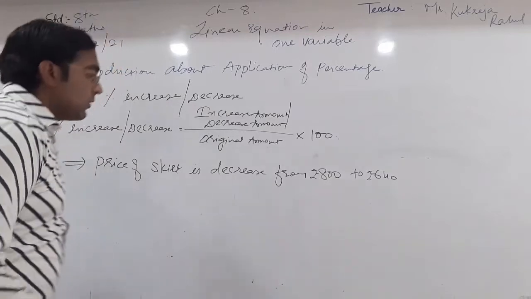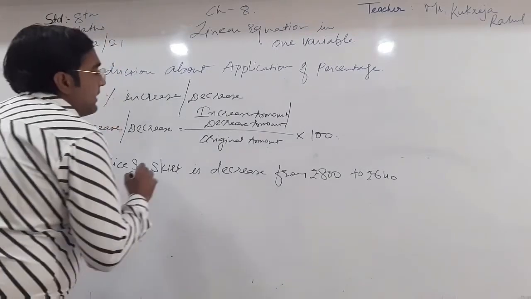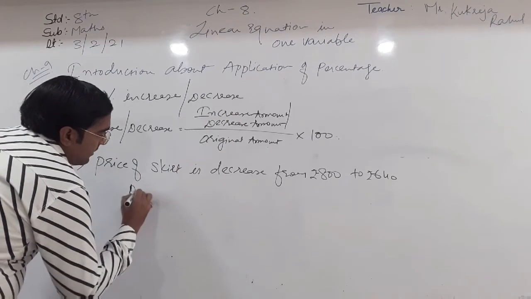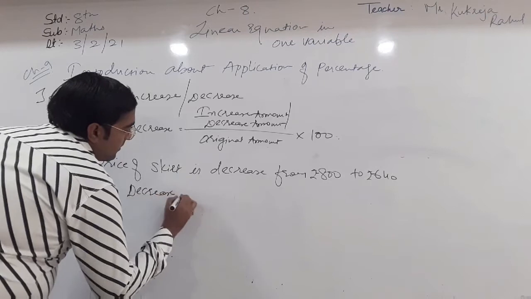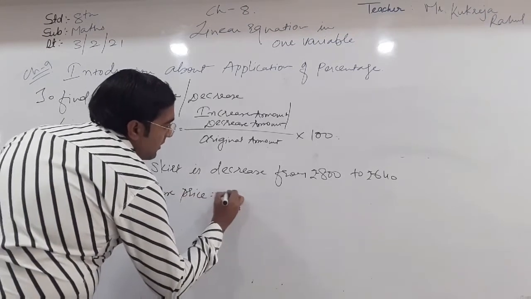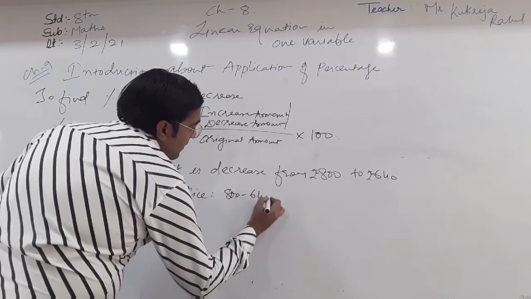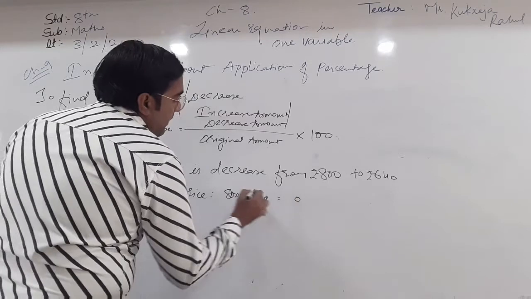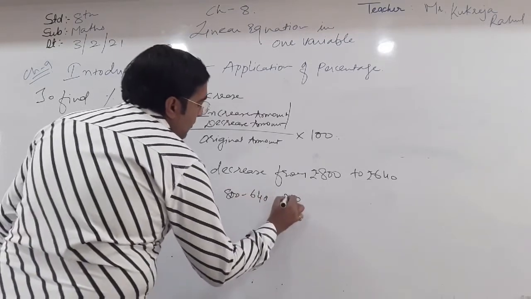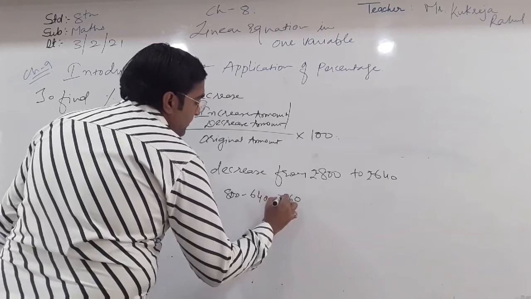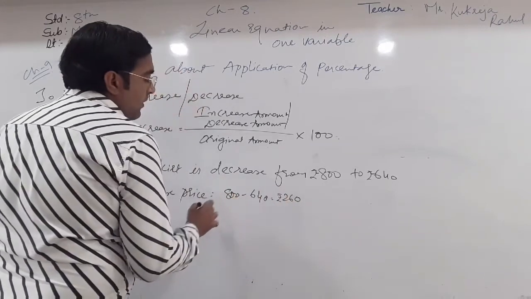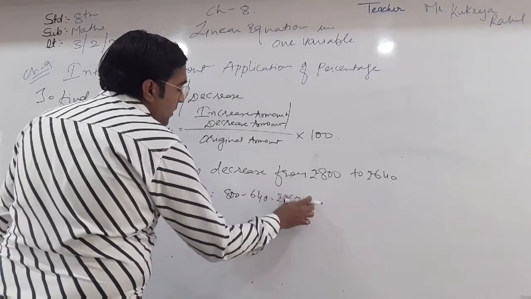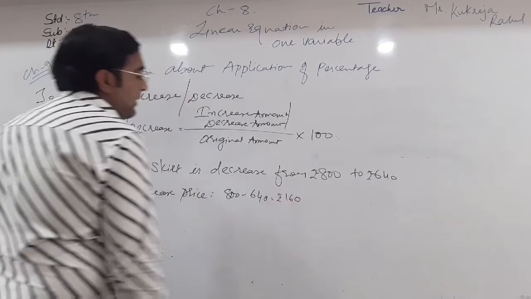First of all, we need to find the decrease amount. So decrease in price will be 800 minus 640. Sorry, 10 minus 4 is 6, and 7 minus 6 is 1. 160 rupees will be decreased.